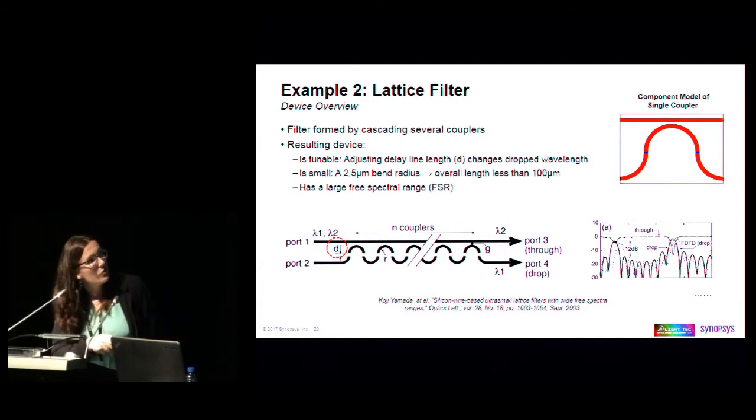And so the idea is to cascade all these couplers to create a filter, and the full filter will be less than 100 micrometers. It's from a paper, and the idea is to create a filter with this type of geometry.